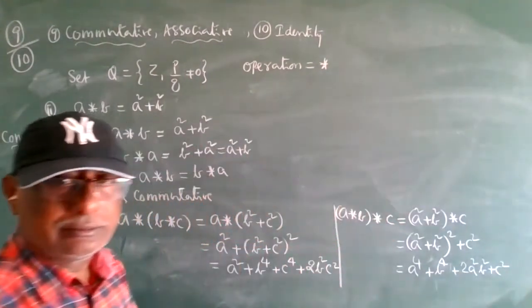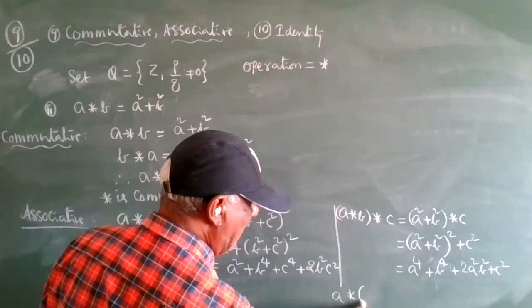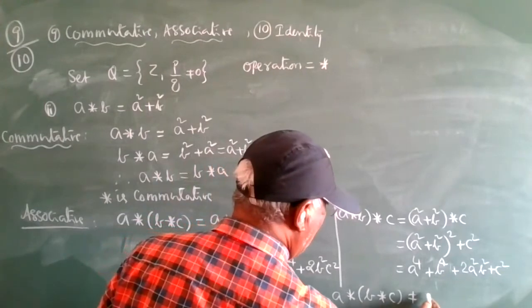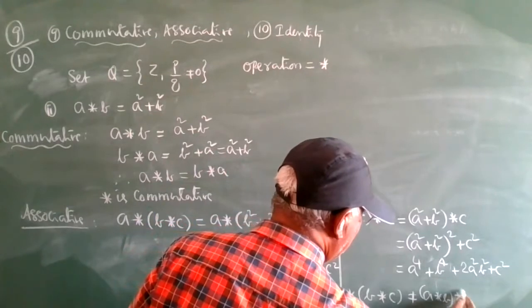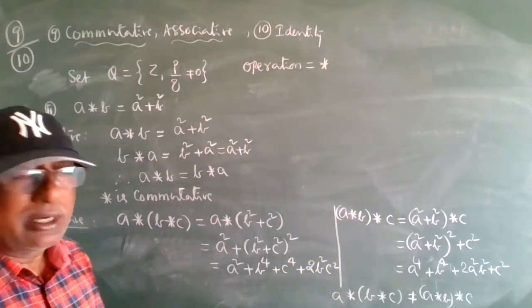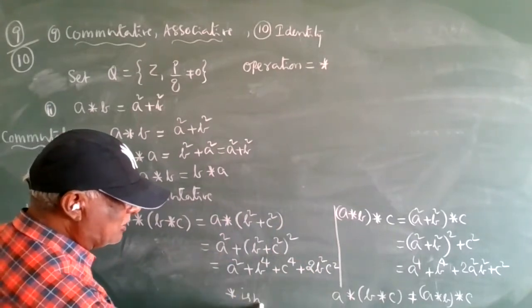A star bracket of B star C is not equal to bracket A star B, star C. Star is not associative.